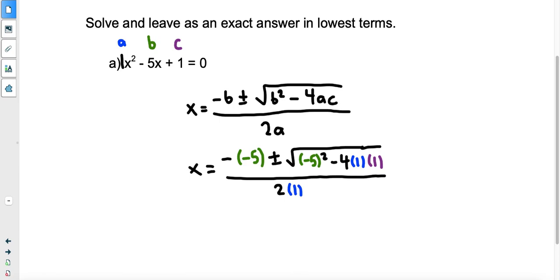Now, in my equation, I'm taking the opposite of negative 5. The opposite of negative 5 is positive 5. Inside my square root here, I have a negative 5 squared. Negative 5 times negative 5 is positive 25. So this will just simplify to give me 25.